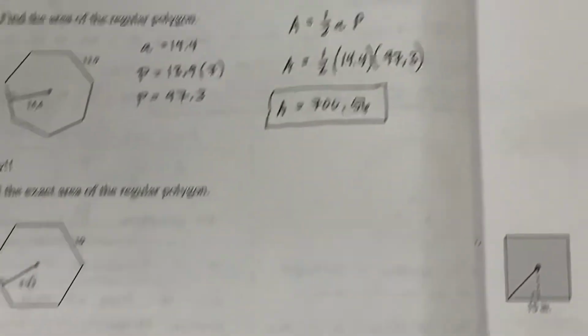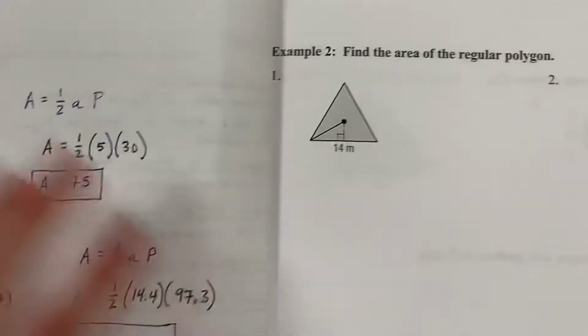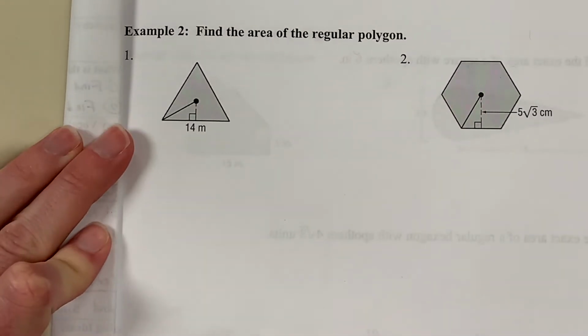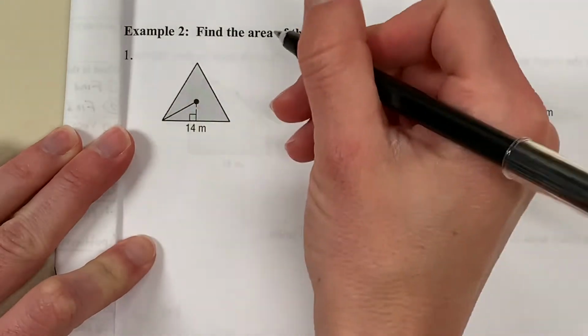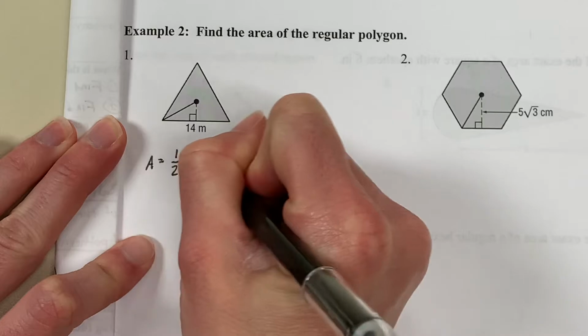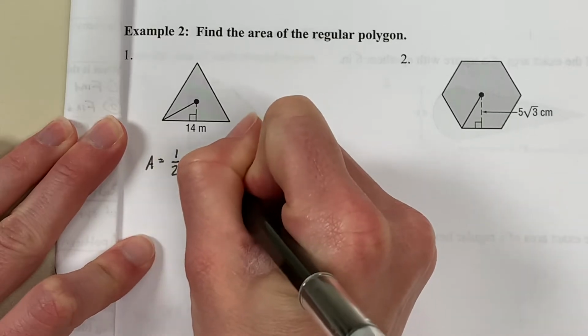So let's go to example 2. Look at problem number 1. We are going to find the area of the regular polygon. Now remember, area is equal to 1/2 times the apothem times the perimeter.